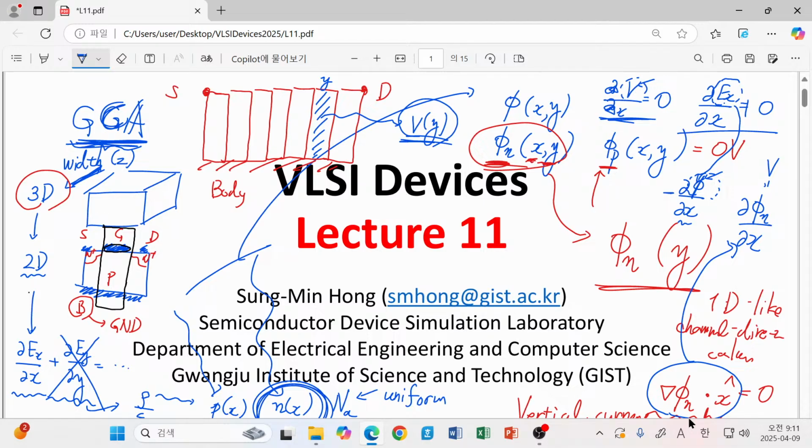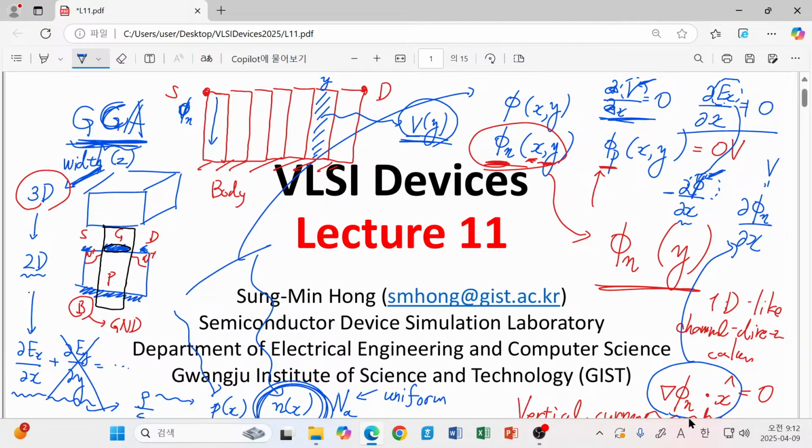One is electrostatic, and this is electron quasi-Fermi potential, so they are completely different. Although we can allow electric field variation along x direction, we cannot allow variation of our electron quasi-Fermi potential. If we allow it, then we must have certain current conduction.